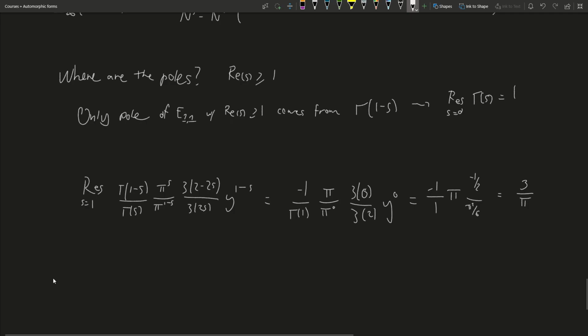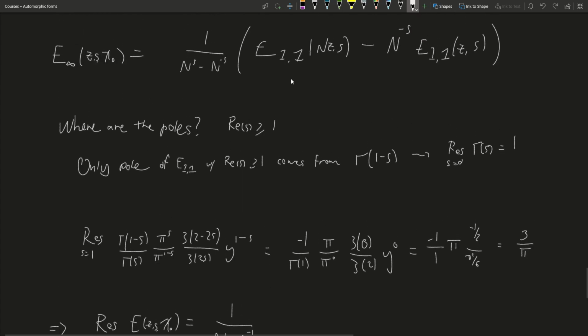So that implies that the residue at s equals 1 of our Eisenstein series E(z, s, chi naught) is equal to 1 over n minus n inverse, and then the residue of whatever this thing is.